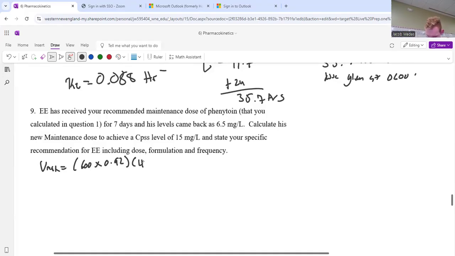Times Km, which is 4, and that's stated on the equation sheet as well, plus C peak steady state observed. In this case, his levels came back to be 6.5, divided by C peak observed, which is 6.5.